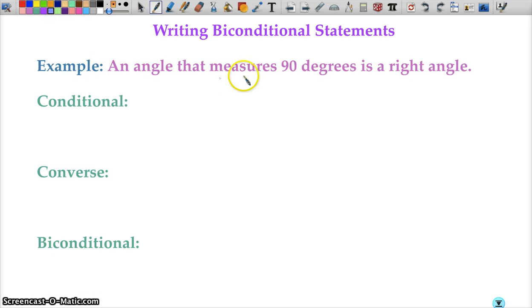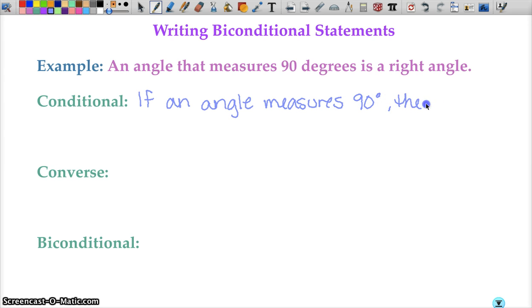So we have an angle that measures 90 degrees is a right angle. So we would say if an angle measures 90 degrees, then it is a right angle. So now it's in if-then form.